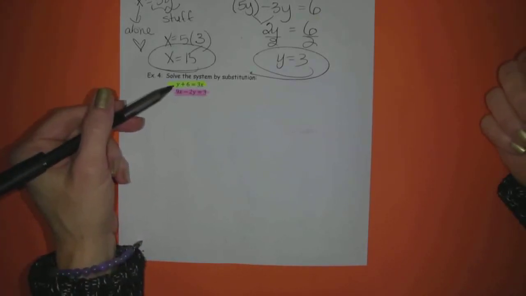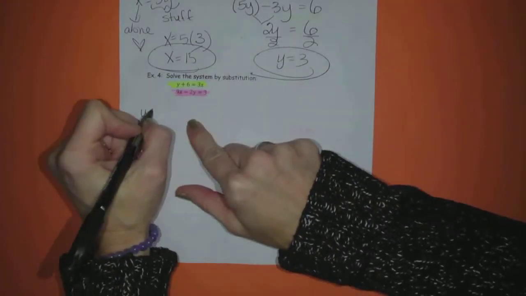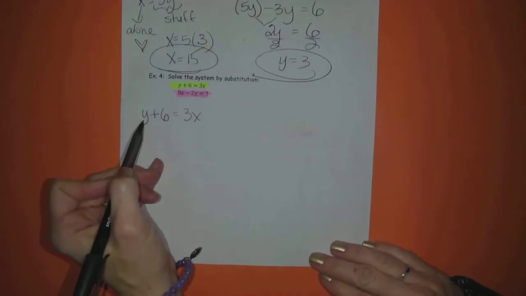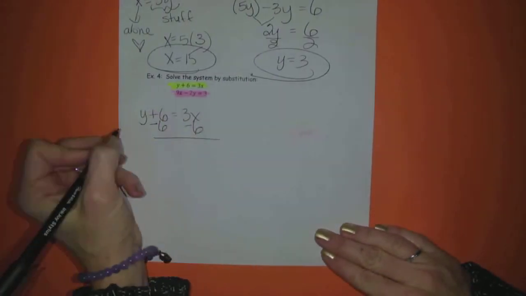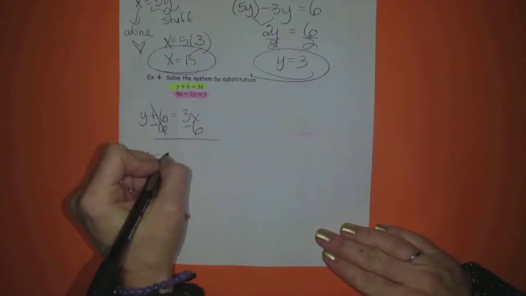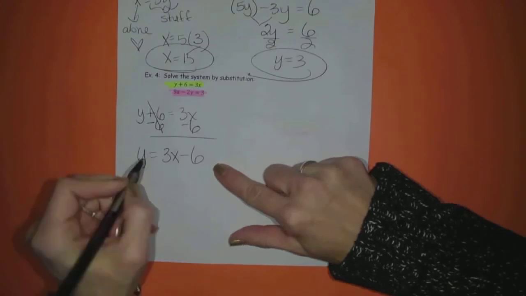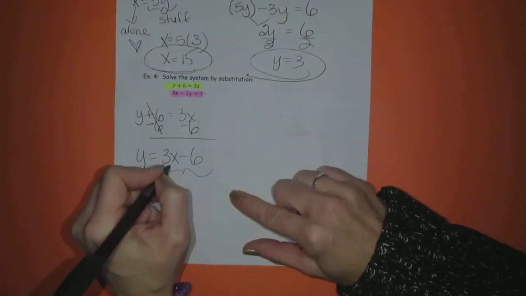Okay, you're back. I hope that you said the top equation will be easiest. Because see, that y is almost alone. All you got to do is minus 6. And now y is alone. Y equals 3x. Take away 6. This is alone. Heart. This is the stuff.